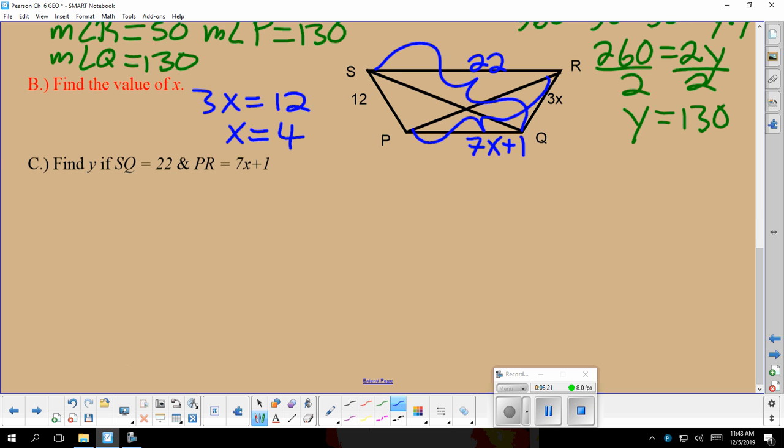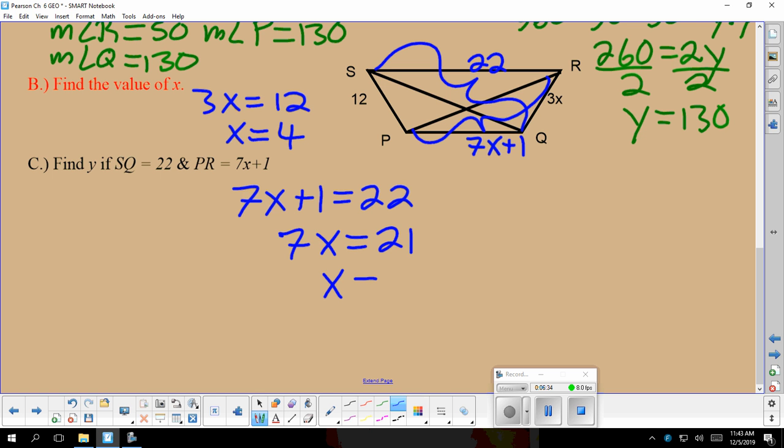So I have 7x plus 1 equals 22. 7x equals 21. X equals 3. Should say solve for x. Question on those?